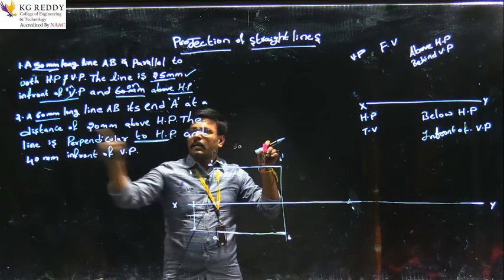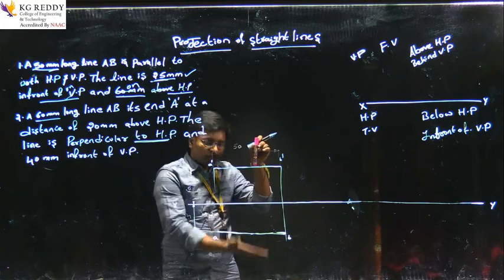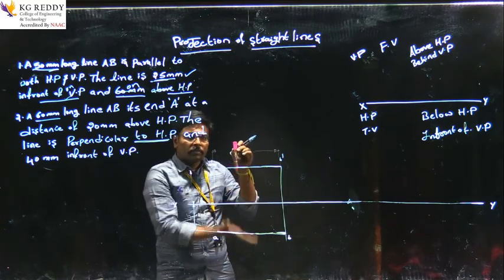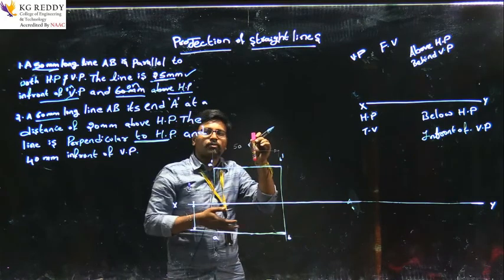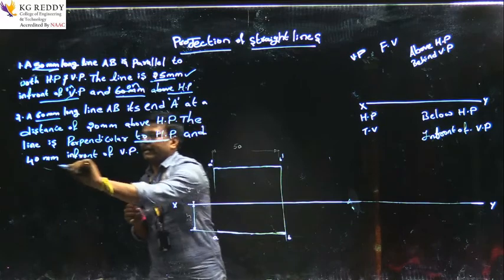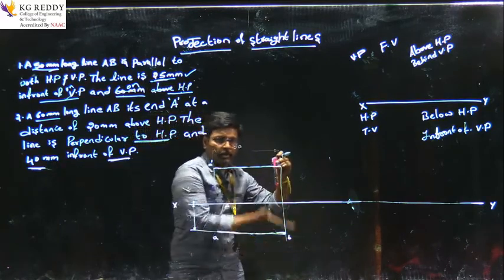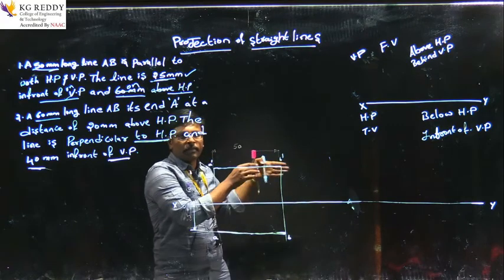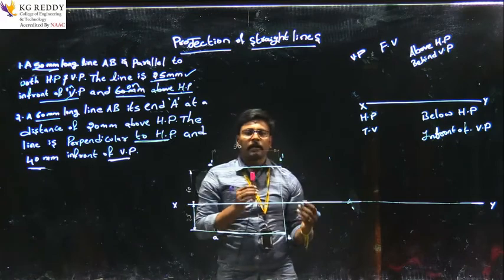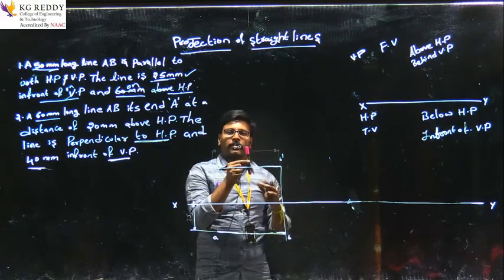End A is at a distance of 20 above the horizontal plane, so the distance from the floor is 20, and the line is perpendicular to the horizontal plane and 40 in front of the vertical plane. So it is 40 from the vertical plane. The first condition is perpendicular, and the next is the shape.